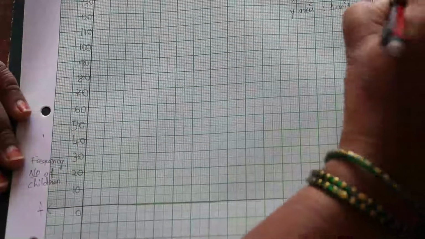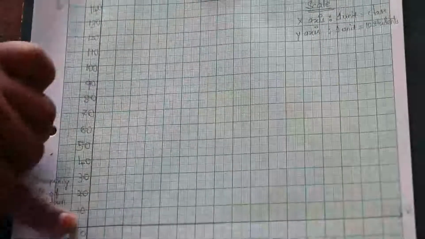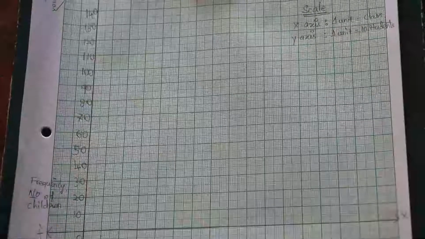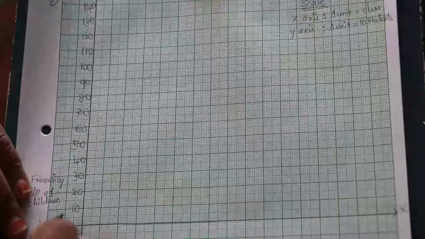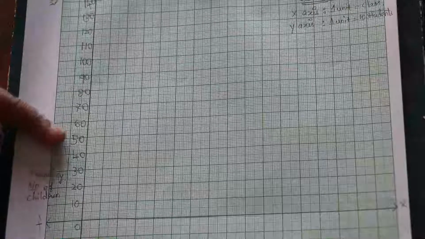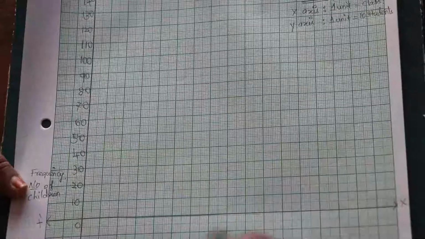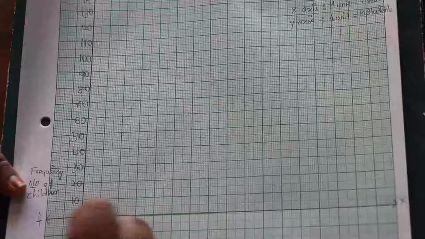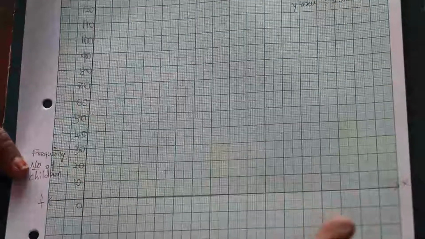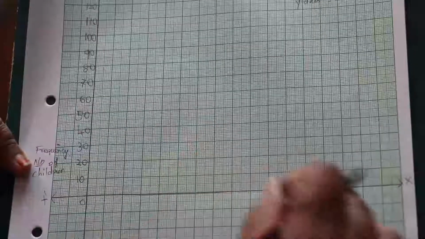The first thing is to choose a scale before drawing the bar graph on the graph sheet, which is important. Here we take frequency on the y-axis, that is the number of children, and on the x-axis we take the class. To differentiate the classes, we leave one column between the bars.